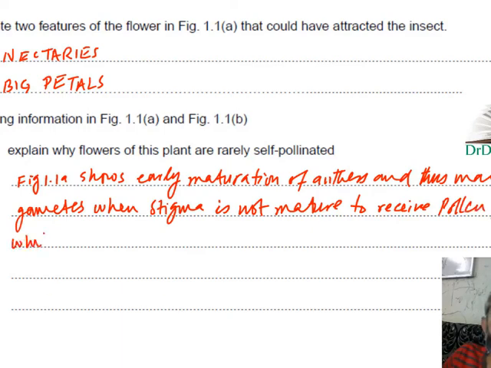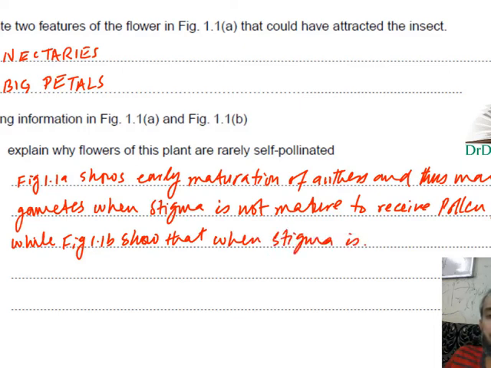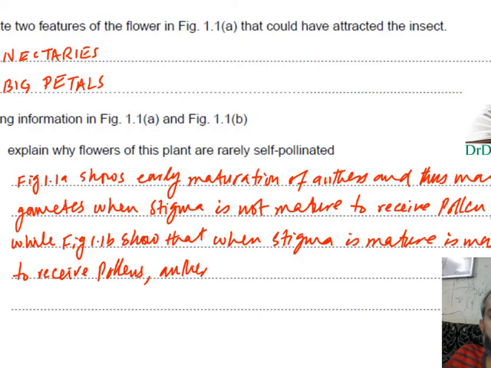while figure 1.1b shows that when the stigma is mature to receive pollen, anthers are dried and pollen is not likely to be available.